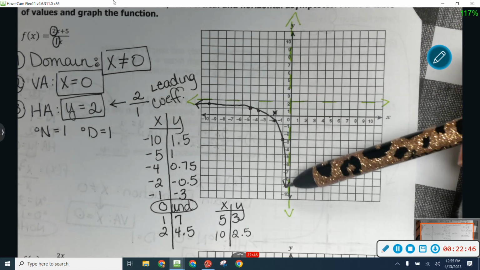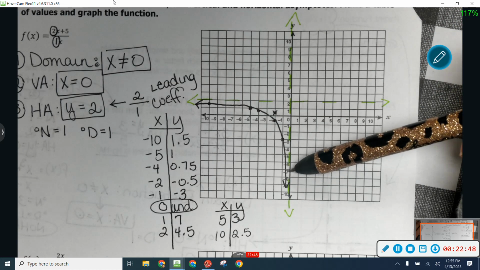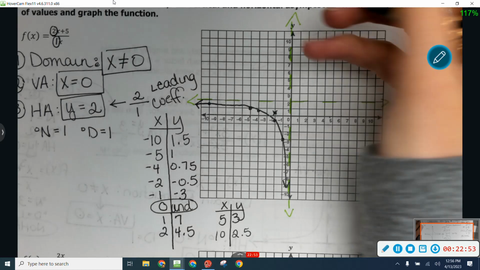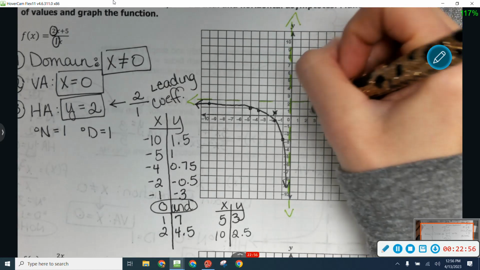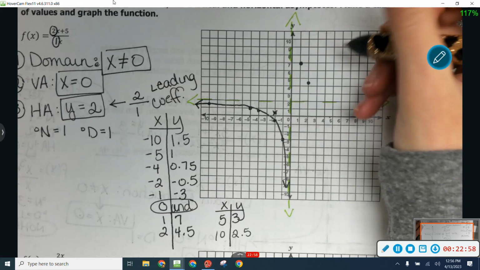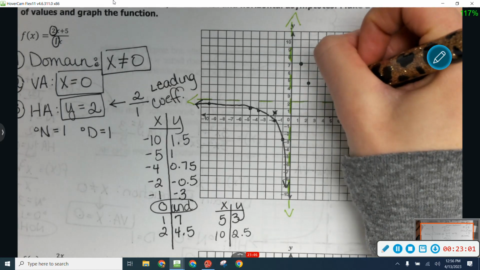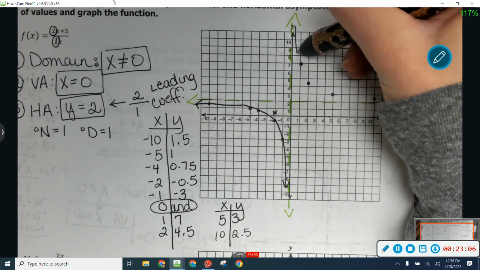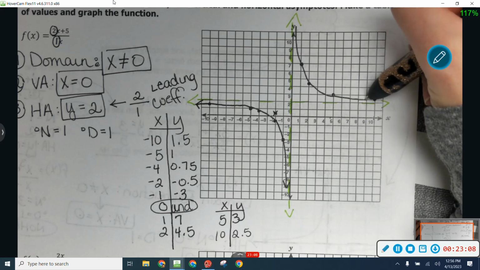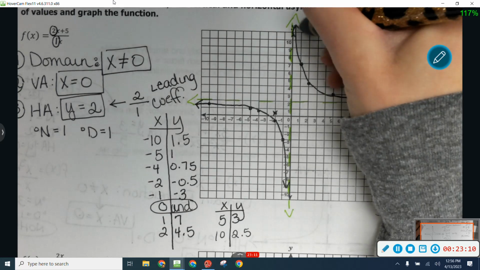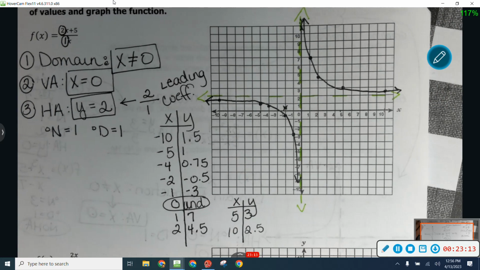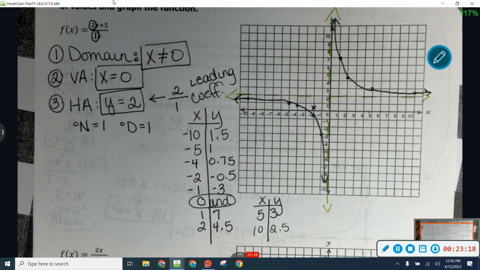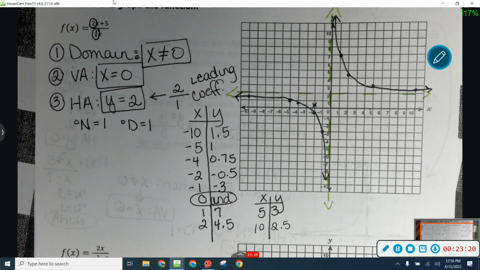So there's my first half. Then once you reach your undefined point, then you're going to start with your second part of your graph. And that's it.